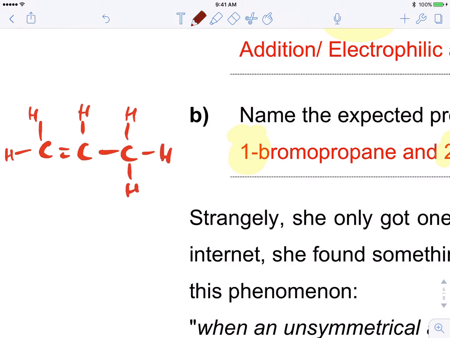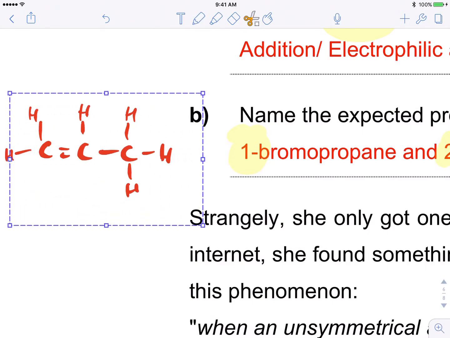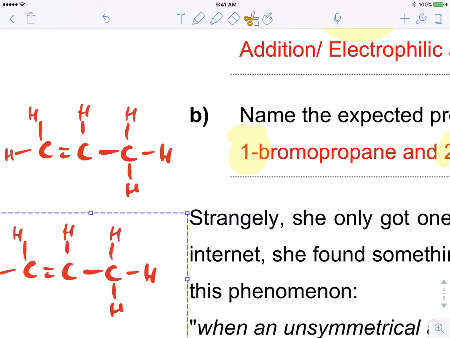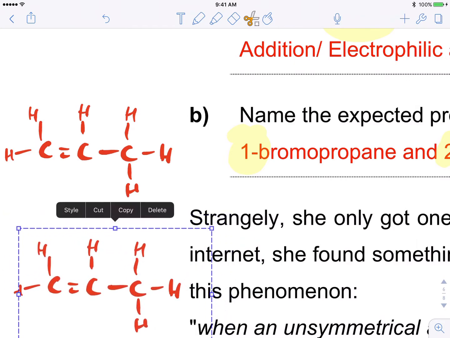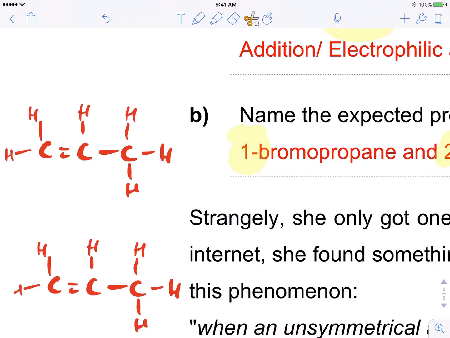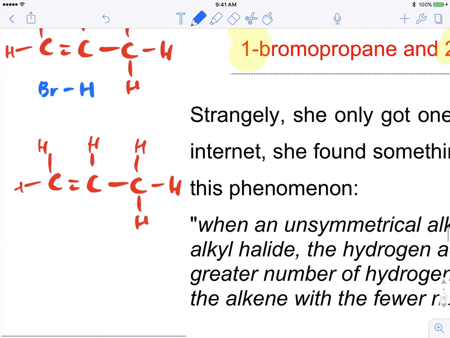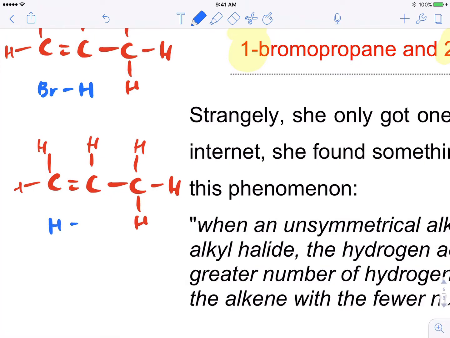When I add HBr, how do I add it? Now we can add it in, let me copy and paste first. Now I can add it in 2 ways. I can add it like this, BrH, or I can add it like this, HBr.